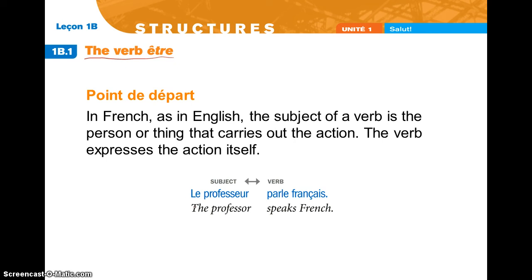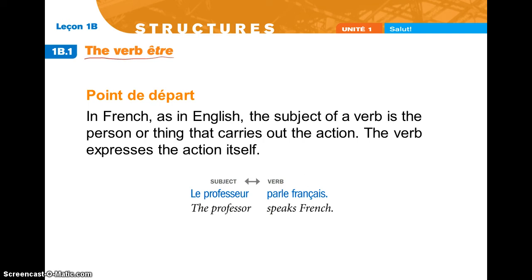The subject in this sentence right here is the person or thing that carries out the action. That is le professeur. The action itself is parle, means speaks French. Parle français, speaks French. So le professeur parle français.